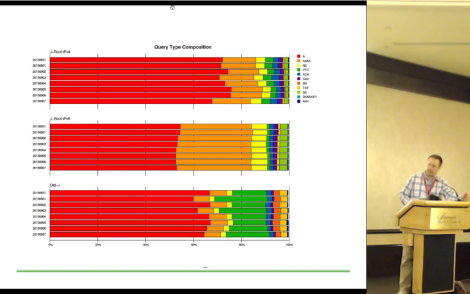The next thing we want to look at is the distribution of query types. In these three charts, the top is a JRoot v4 address, this is current JRoot v6, and this is old JRoot. The big red is queries of type A. Next to it, orange is quad A. The yellow is NS. Green is PTR.